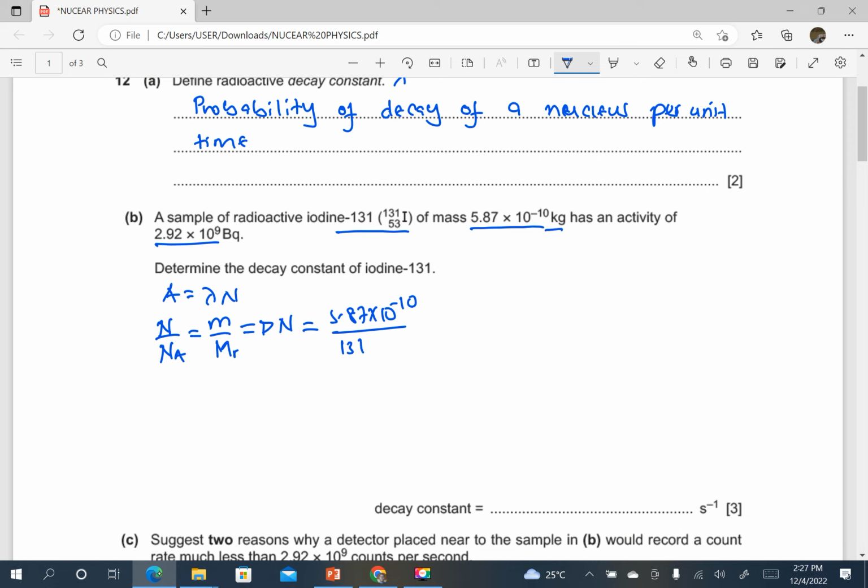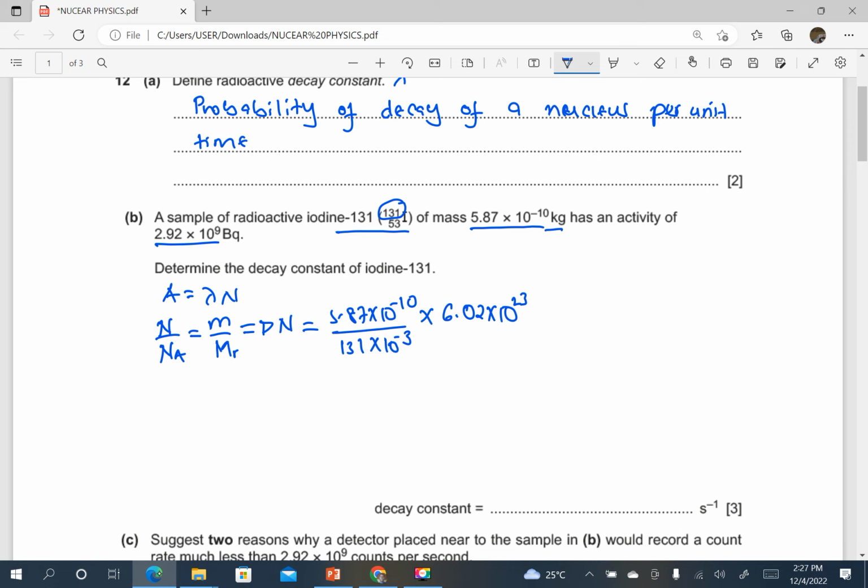Since this is in kilograms, we shall change this from grams to kilograms, so that is times 10 power negative 3. This is the molar mass in grams. So this will be times Avogadro's number, which is 6.02 times 10 power 23. So that is the number of nuclei.